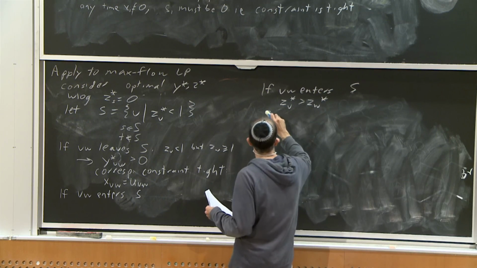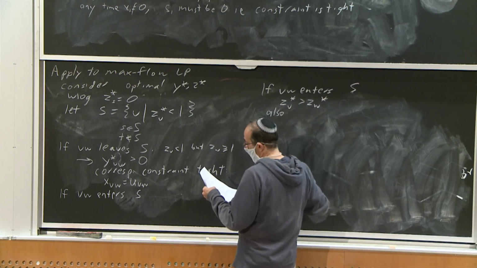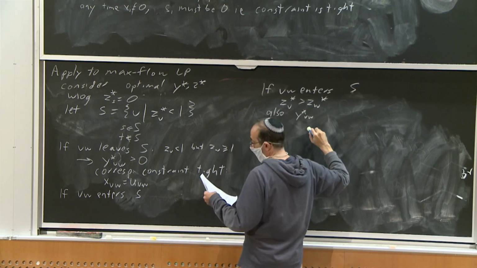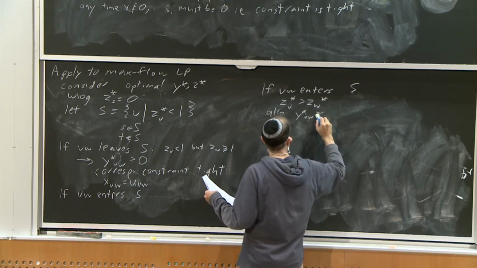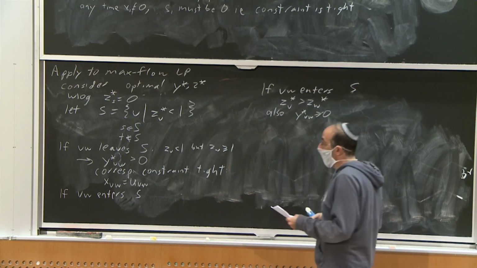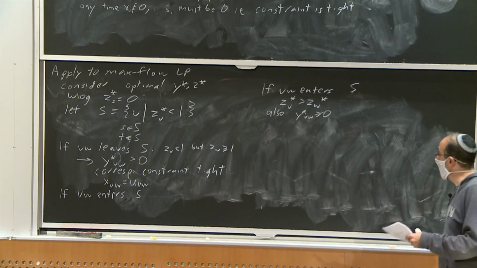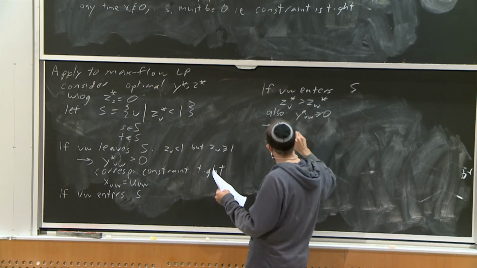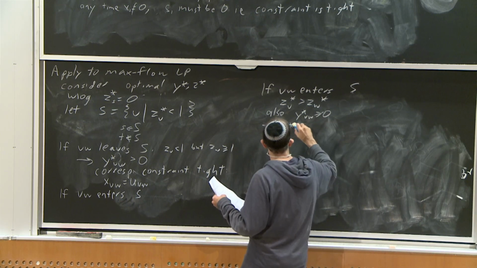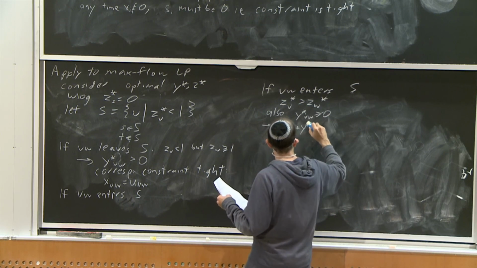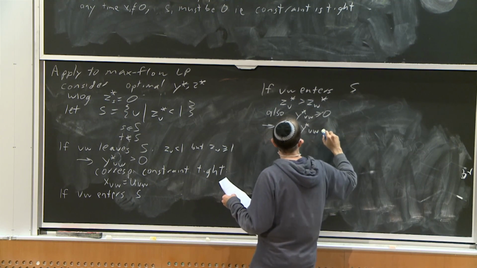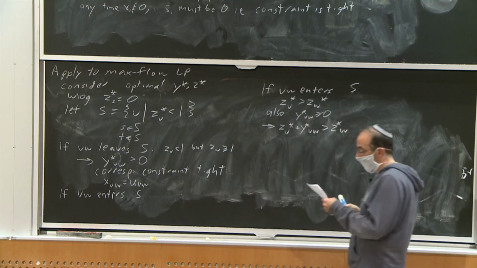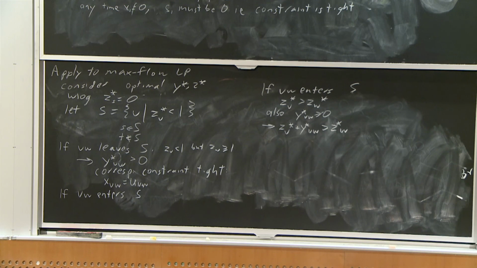We also know that y star VW is greater than or equal to 0, because that's one of the constraints of the linear program. So if we put those together, we find out that Z V star plus y star VW is strictly greater than Z star W.